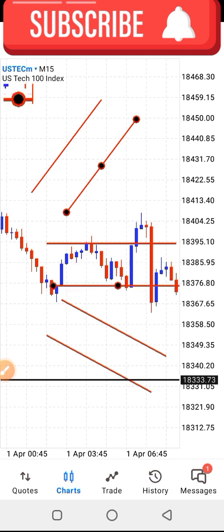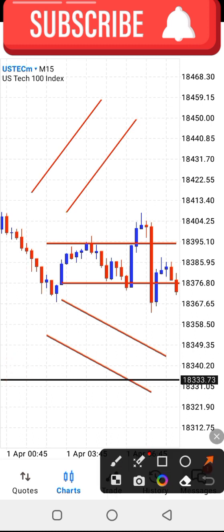If you're good with technical analysis, you know how to play around with these shapes very fast like I just did. So this is an ascending channel, descending channel, horizontal channel. These are the three channels that we have, and you need to know how to draw them.